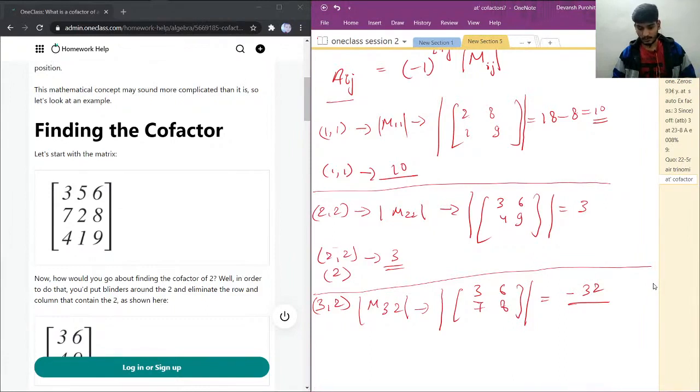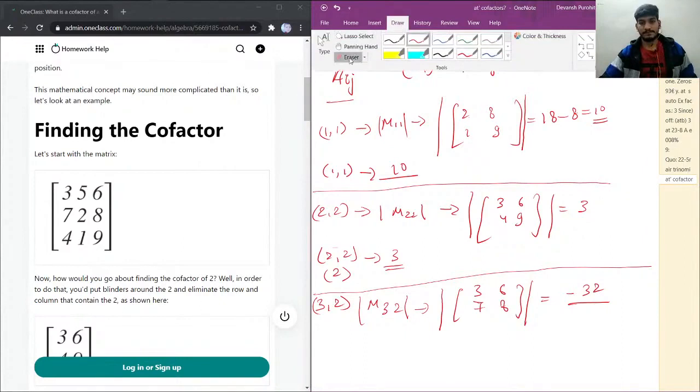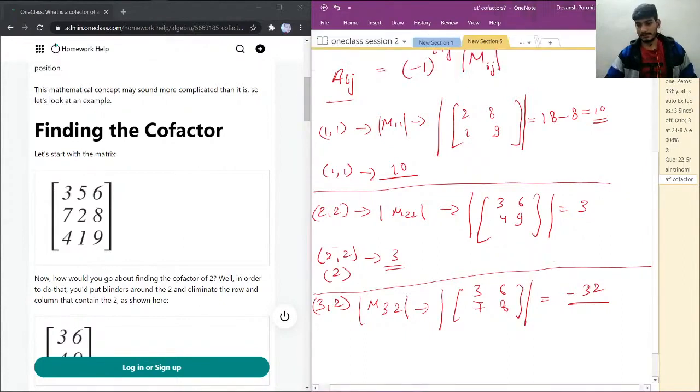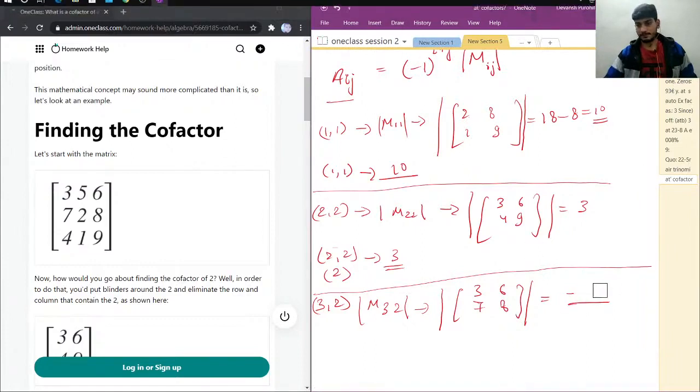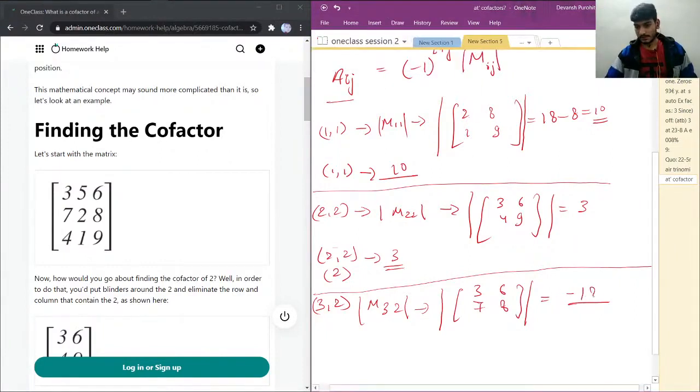No, 54 minus 42, minus 18. So this will be negative 18.